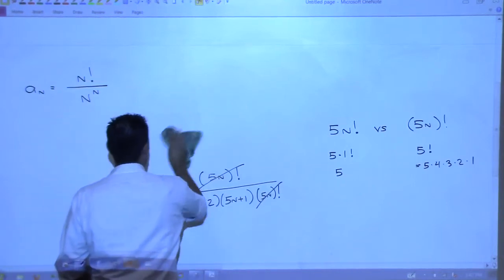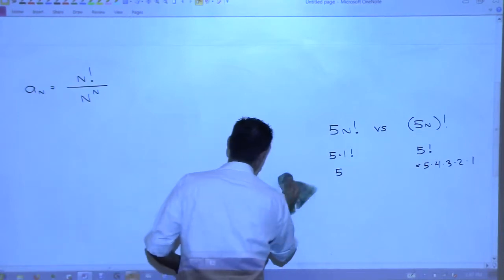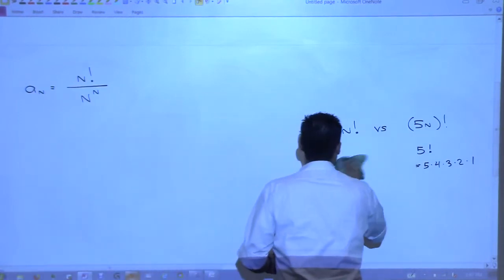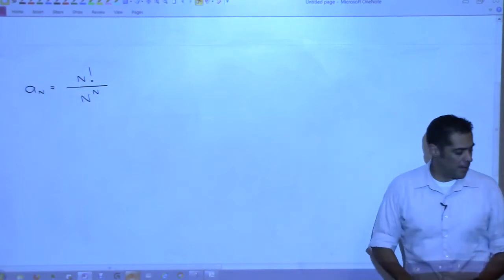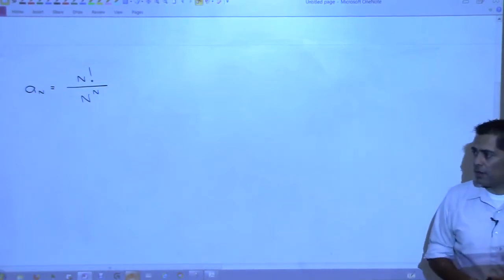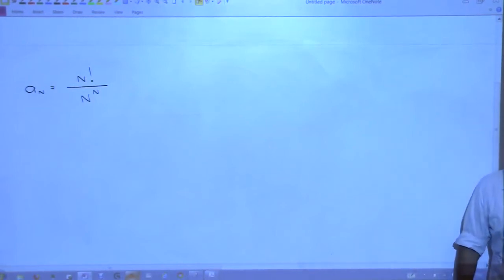L'Hopital's off the table, right? As soon as you see a factorial, L'Hopital's off the table. So that means we better be able to algebraically figure out what's going on. And the only other thing we have is the squeeze. That's it. That's all we've got.